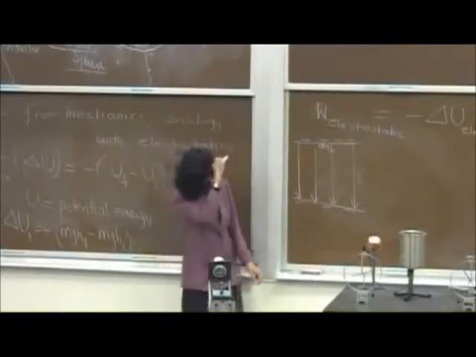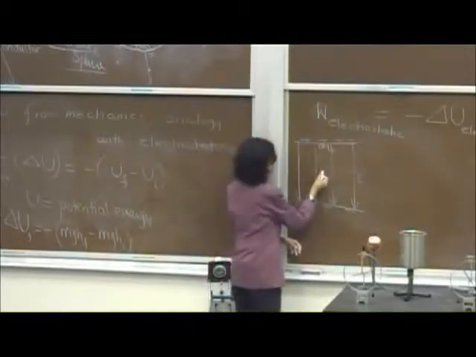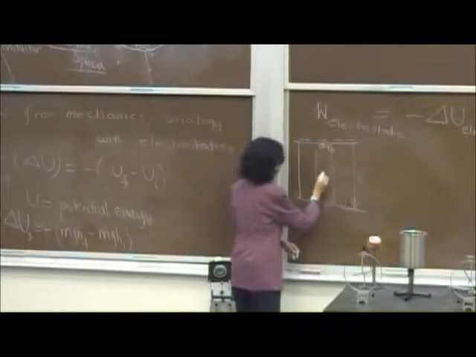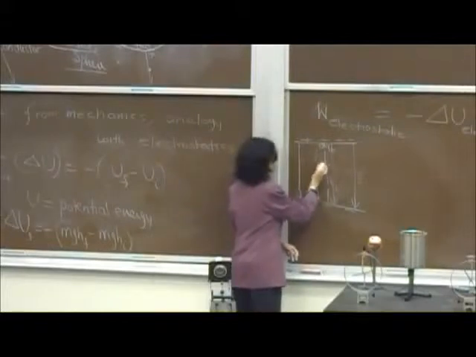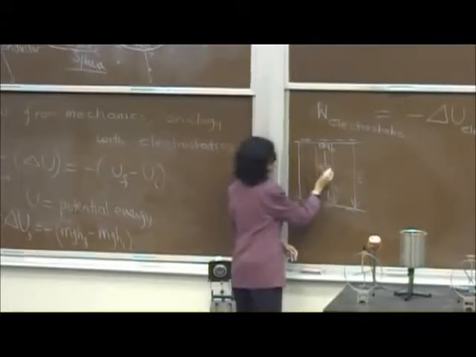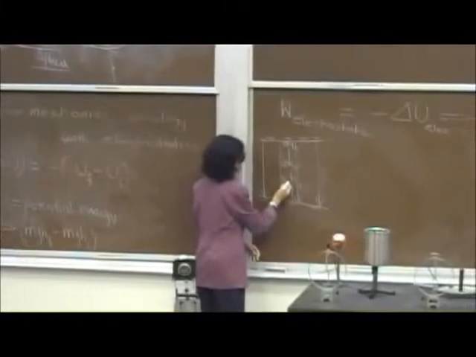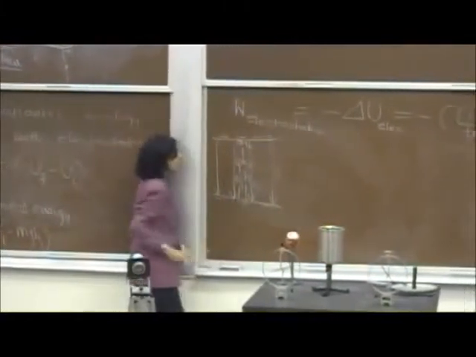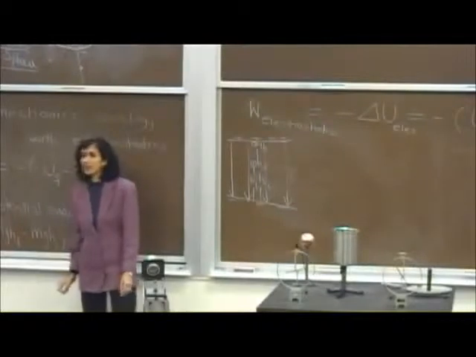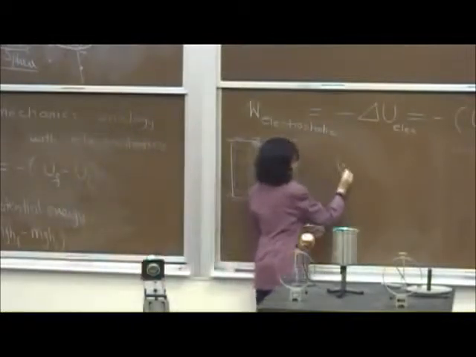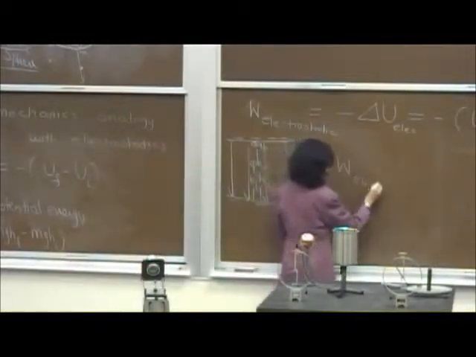Let's say that from this bottom plate, this height is h_i. And suppose I say, once the charge has arrived here, let's call this height h_f. Suppose I ask you, how much is the work done by the electrostatic force?